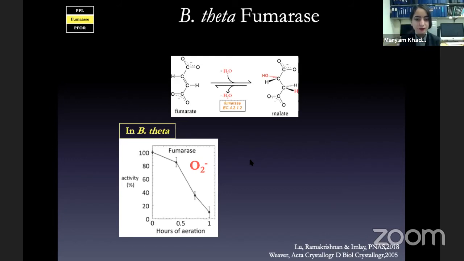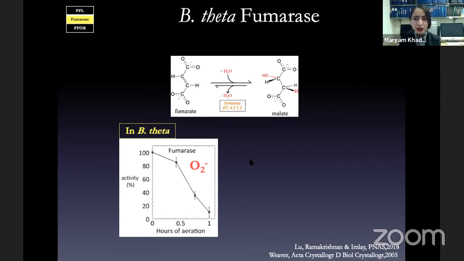When you aerate the cells and measure the activity of fumarase, almost all activity is gone within 1 hour. And they also showed that this damage is the result of superoxide. So here, superoxide is the ROS that is damaging.